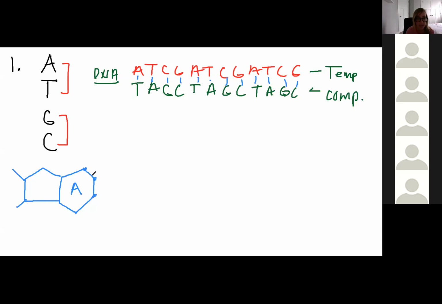You don't need to know exactly what this structure looks like, or whether it's an O or an N. You don't need to know this is carbon 2 and this is carbon 3 in detail. You just have to show that between this side of this A base, we have bonding occurring.